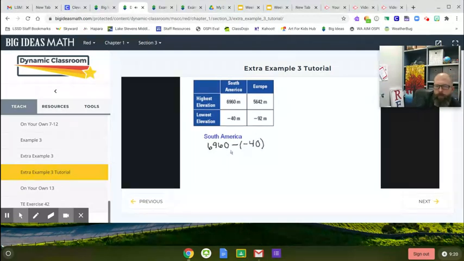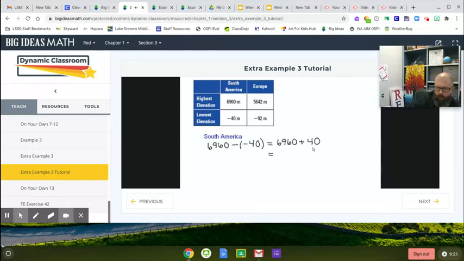So we have 6,960 plus the opposite of -40, which is +40. So we have 6,960 plus 40. Then we just add as we would whole numbers. 6,960 plus 40 is equal to 7,000. So the range is 7,000 meters.